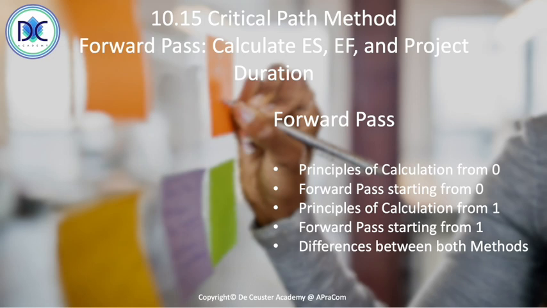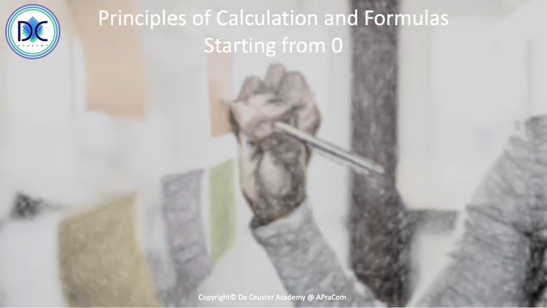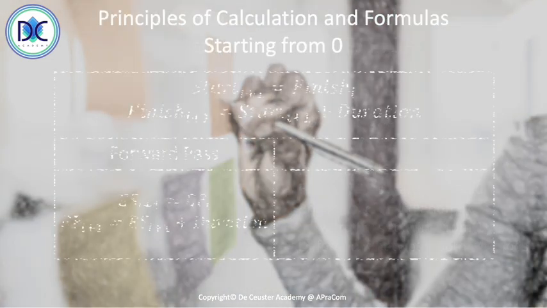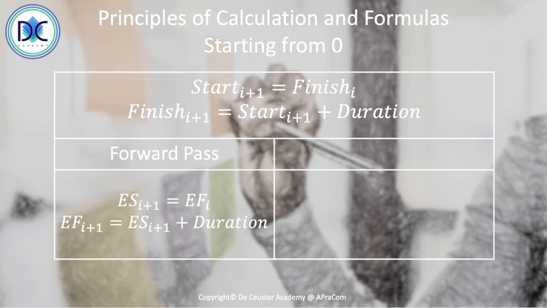I already explained before that we can start doing the calculations using the events, so starting from 0, or we do the calculations using the dates, for example, the ordinal numbers when we start from 1. So let's have a look at the formulas and the principle of starting from 0. When we start from 0, it's very important that we consider the formulas.